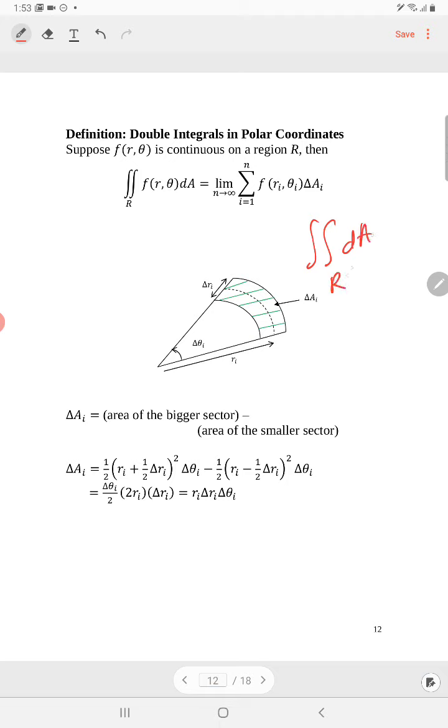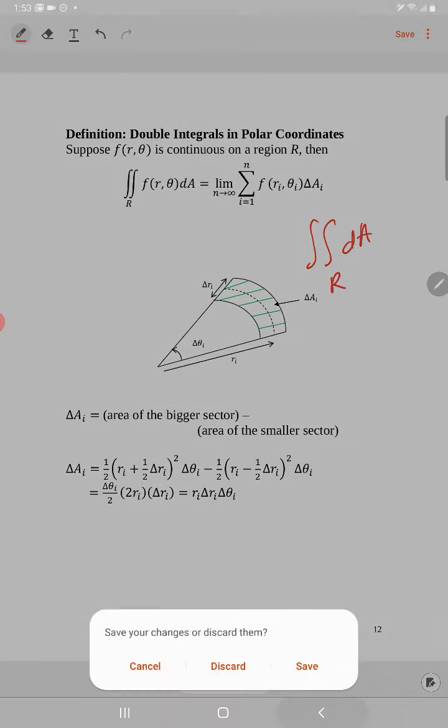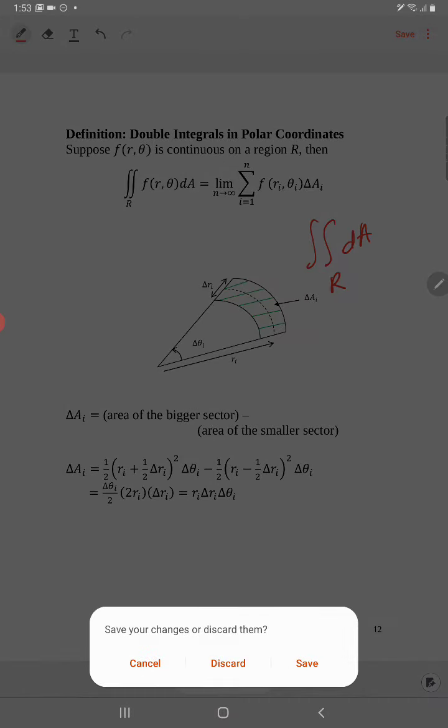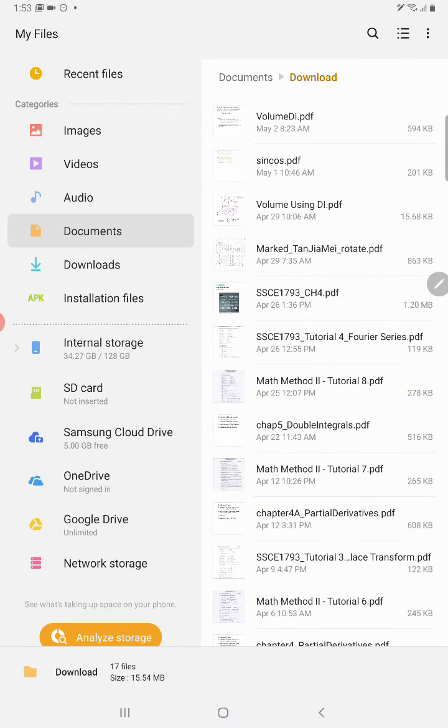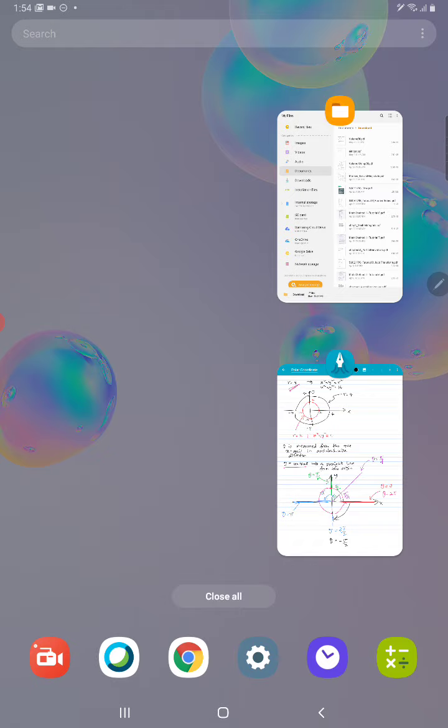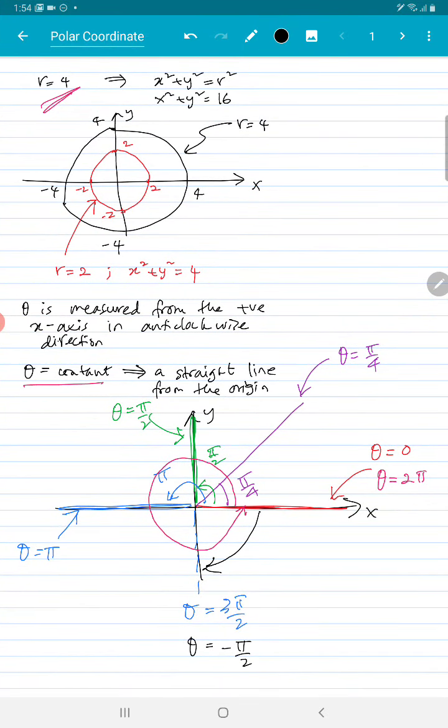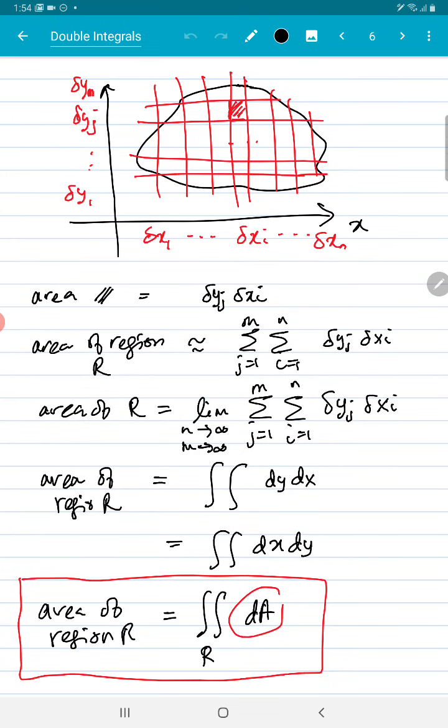in polar coordinates. Remember from before, when you have Cartesian coordinates, it can be used to find the area of a region, where you partition your region into rectangles, and then you get the value of the area of one rectangle, and then you add them up, and at the end you get dA is really dx dy or dy dx.